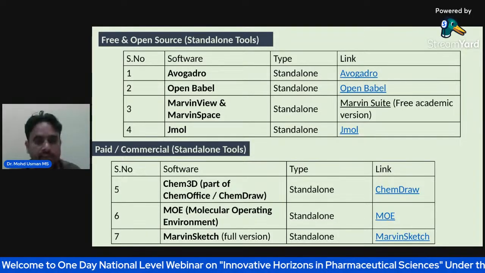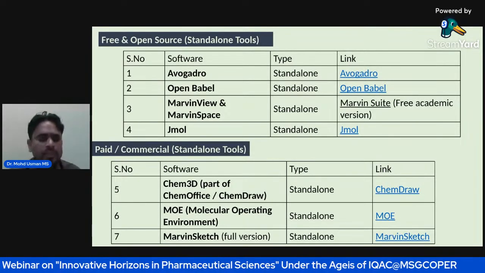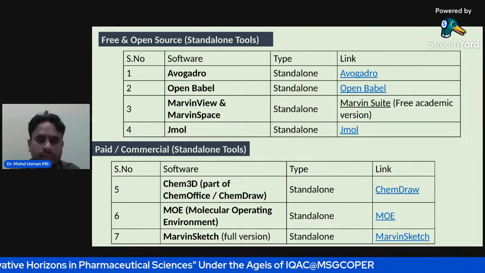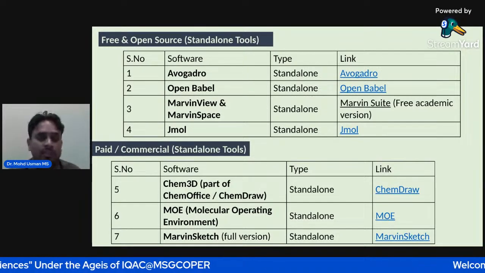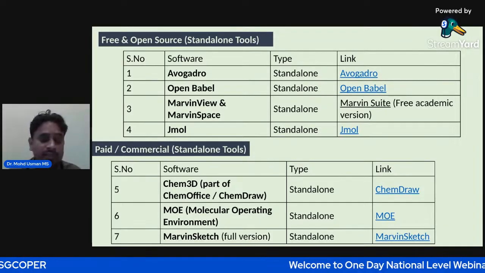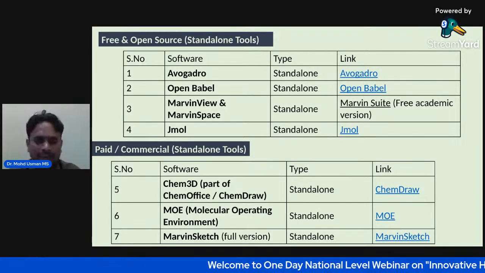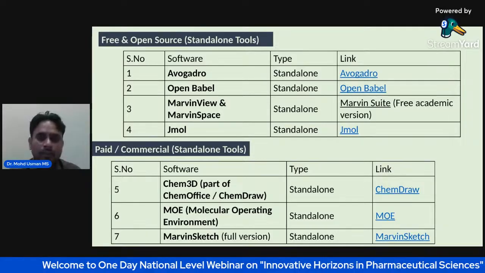Okay, Chem3D or Chem2D, this software is most widely used nowadays, even though it is paid, but maximum chemistry people are using ChemDraw because the crack version of this is very easily available, and I think every chemistry student is using ChemDraw software for drawing 2D structure.